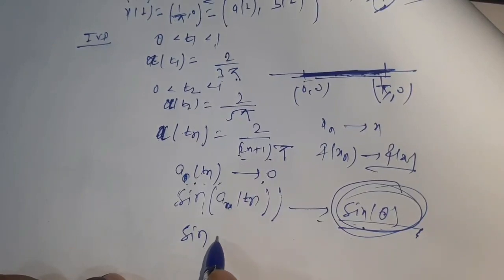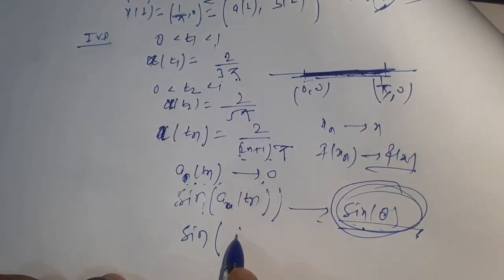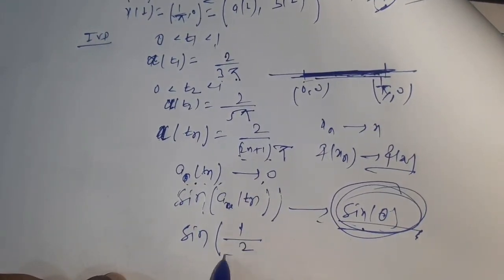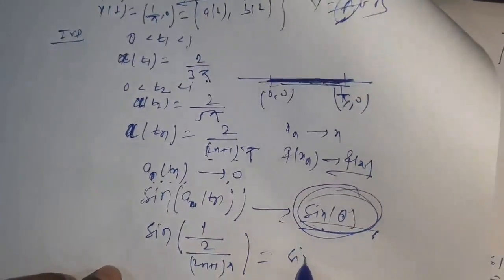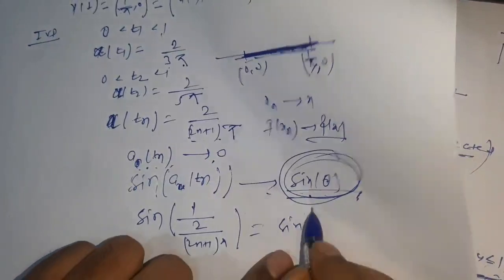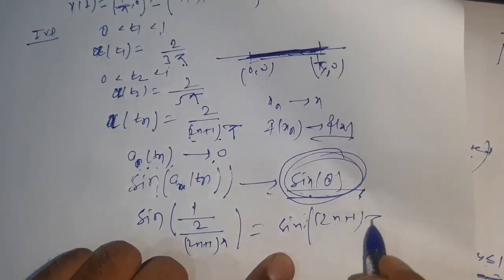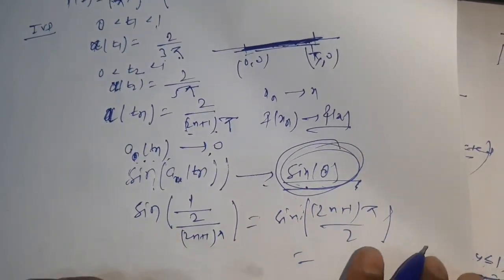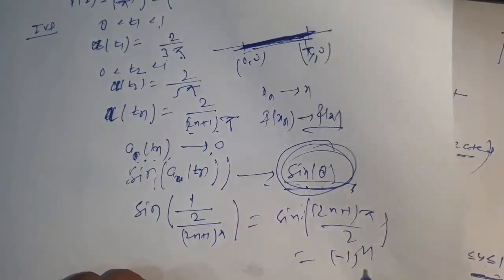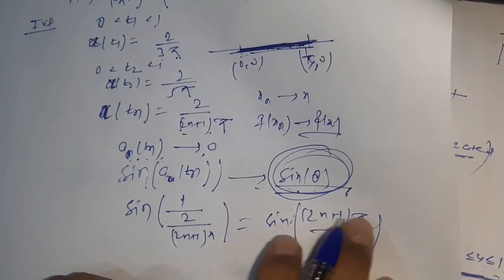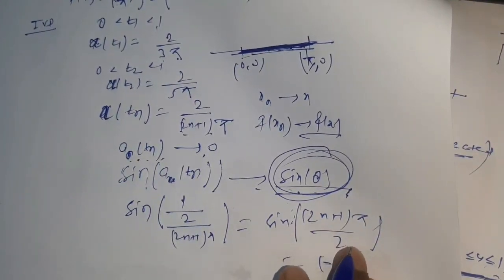sine a t n, this means sine 1 upon 2n plus 1 pi, is equal to sine of 2n plus 1 pi upon 2, and this value will be minus 1 to the power n, because it is an odd multiple of pi.